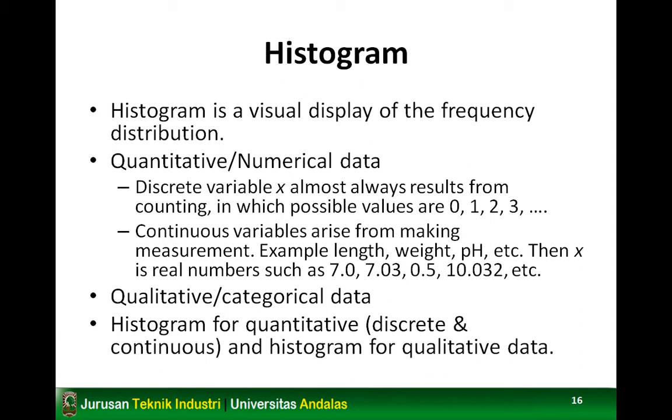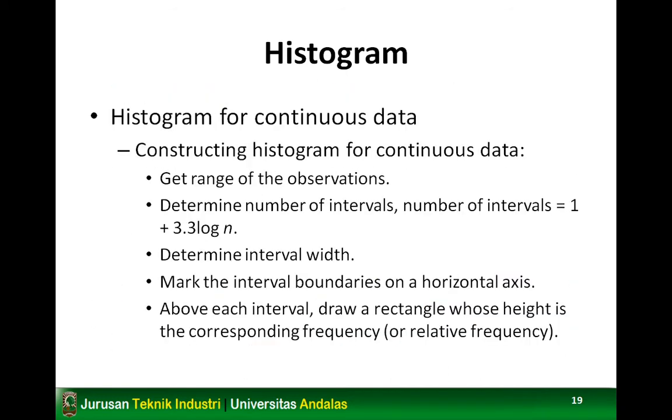Okay, let's see an example of how to develop a histogram. I'm going to start with a histogram for continuous data. In order to develop a histogram for continuous data, we start with calculating the range of the observations, and then we calculate the number of intervals, because with the histogram you're going to have intervals.